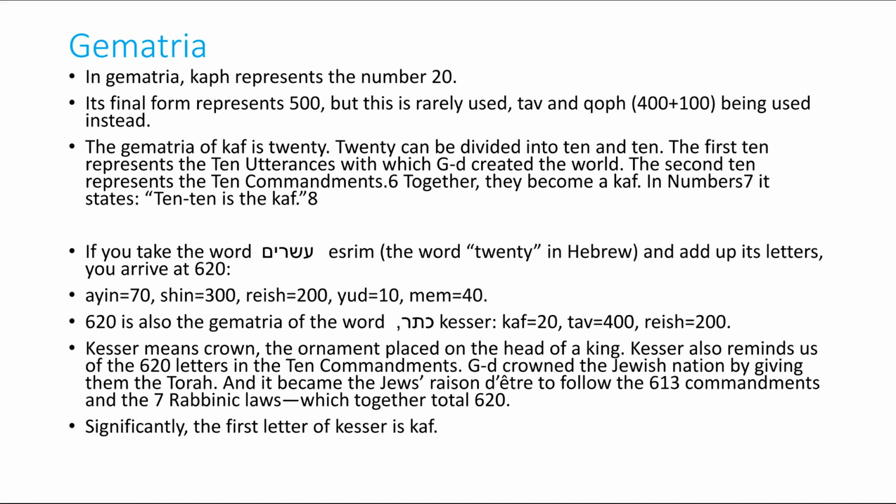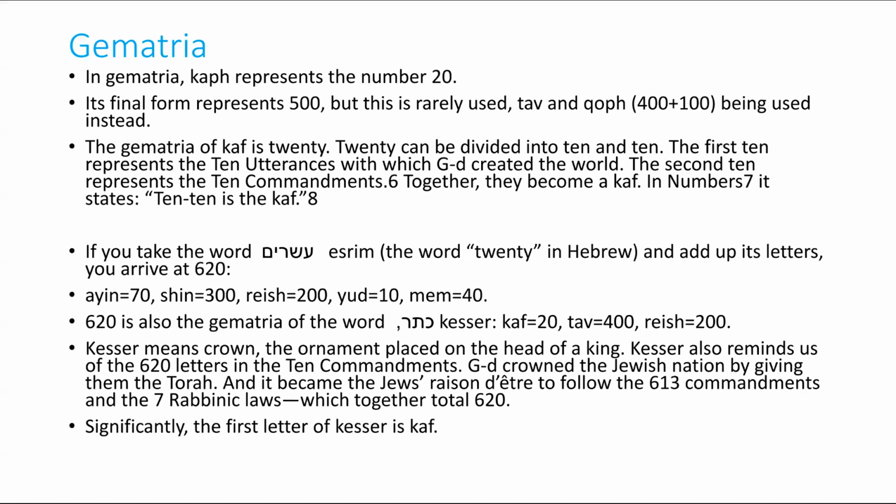And it becomes the raison d'etre of Judaism, really, to follow the 613 commandments and then the 7 rabbinic commandments. So 613 plus 7 is 620. So we play with lots of these ideas around numbers. You don't have to believe in them all or take them all seriously, because you can always make sense out of numbers and letters if you want to.